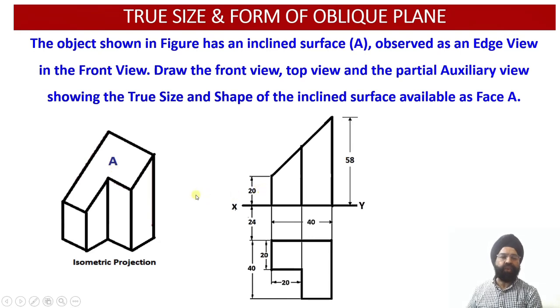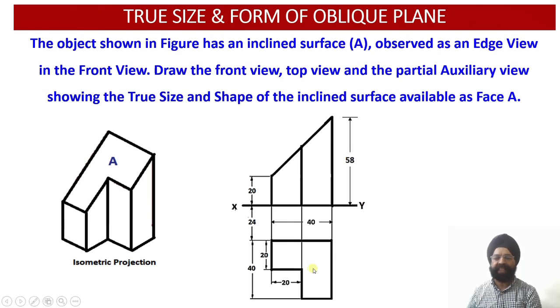We are required to obtain the true shape of the sectioned surface of the solid using the auxiliary plane method. In order to evaluate the true shape and size of the surface A, we have been provided with the orthographic projections of the solid, that is the front view and the top view.